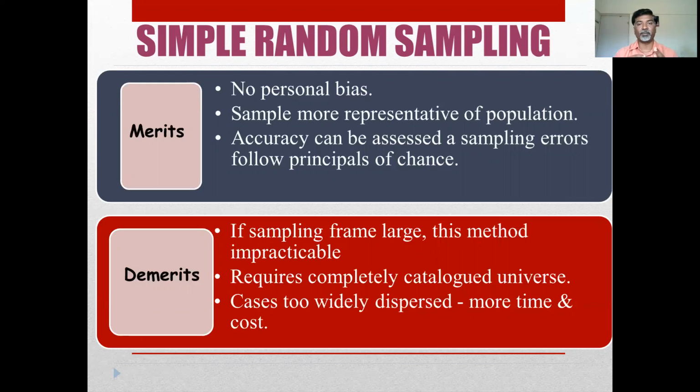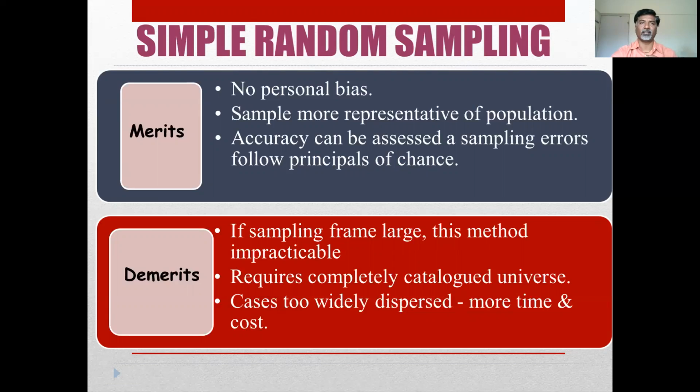If the sample frame is large, this method is inappropriate, or impracticable. If cases are too widely dispersed, meaning the selected members are far away from each other, then it will take more time and more cost to get involved in the sampling process.